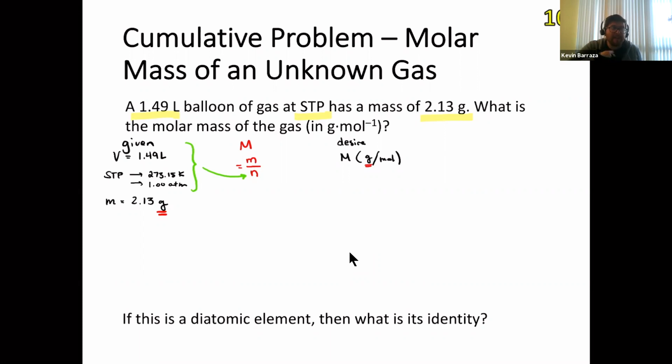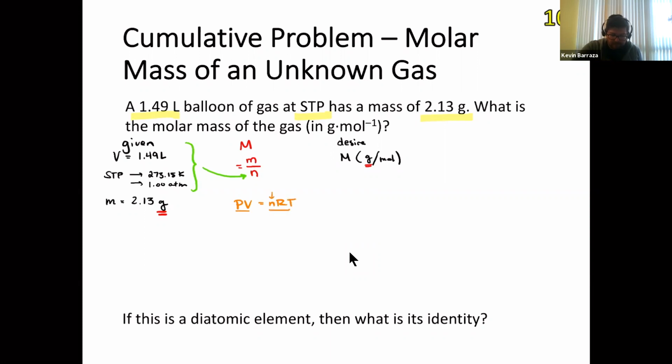So we can calculate the moles because this is a gas. We can use the gas law. In this case, what is that gas law called? It's the ideal gas law. So that's exactly what we're going to set up. PV equals nRT, and we desire n.